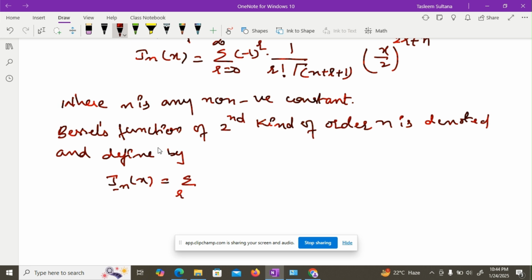Just we are going to substitute n is equal to minus n in the first kind of order n.